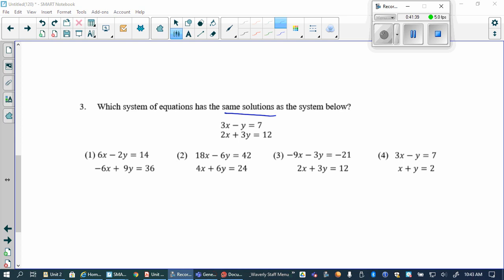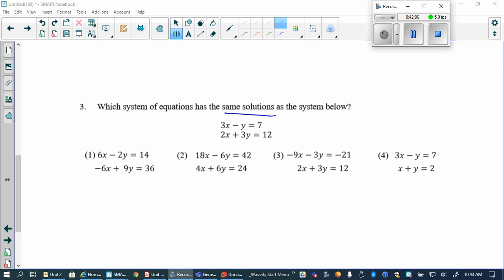4. What makes you say 4? It'll still be the same, and the y's cancel. Maybe somebody said 3. What makes you say 3? Multiply by negative 3?